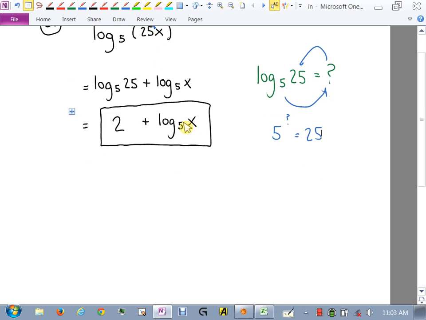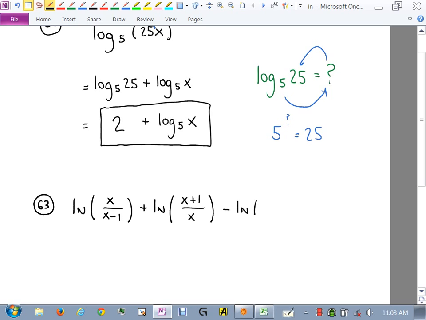What else? Go ahead. 63? Okay. Yes. Natural log of x over x minus 1, plus natural log of x plus 1 over x, and then minus natural log of x squared minus 1.